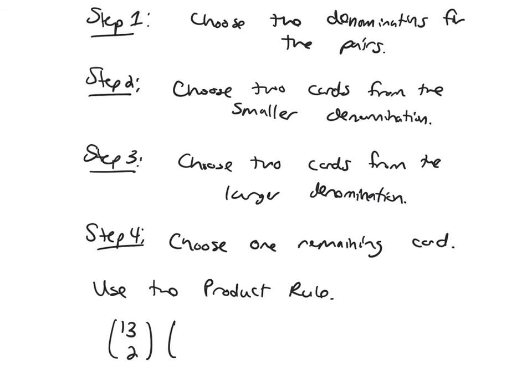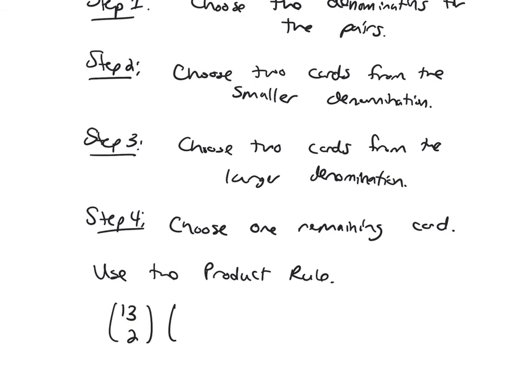So for the first smaller denomination, there are 4 different possible cards. Like if I had twos as my smaller denomination, there's a two of hearts, diamonds, spades, and clubs. So out of those, I'm going to choose two of those. And the same thing for the larger denomination. There are 4 cards of that denomination. There are 4 threes, and you're going to select 2 of them.